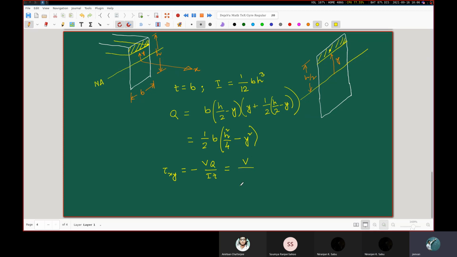The I, yes. Sir, I have a doubt. Shouldn't it be h by 2 minus y into h by 4 plus y? How do we get this a squared minus b squared kind of expression?